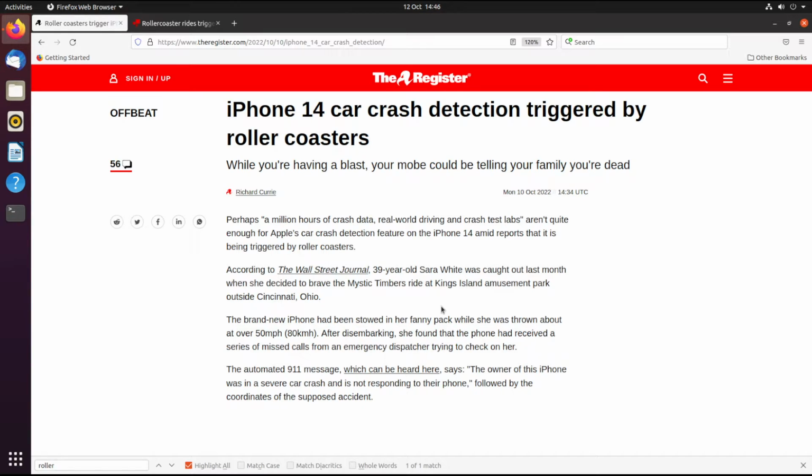But what can we sort of learn about software from an issue like this? Well, the main thing here is that they've clearly embedded some sort of assumptions about the normal use and the normal environment of a phone quite deeply into this. They've assumed that the circumstance of rapid acceleration isn't normal. In most senses, that's probably reasonable, but in the case of this person in this particular article, they had a phone in a waist bag, and that was then on the roller coaster with them.